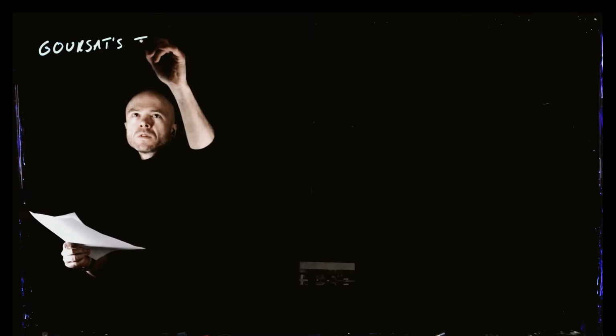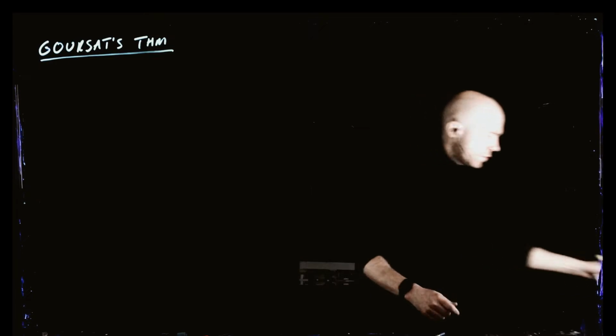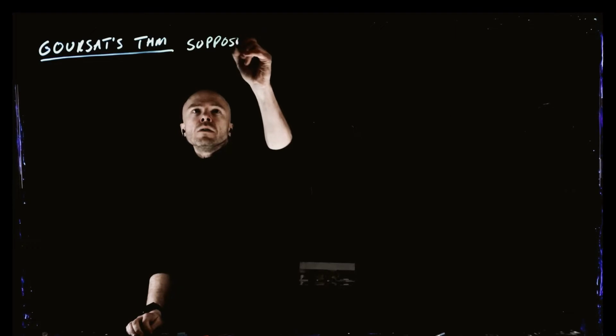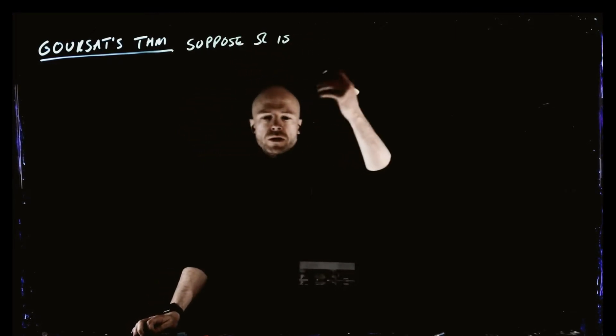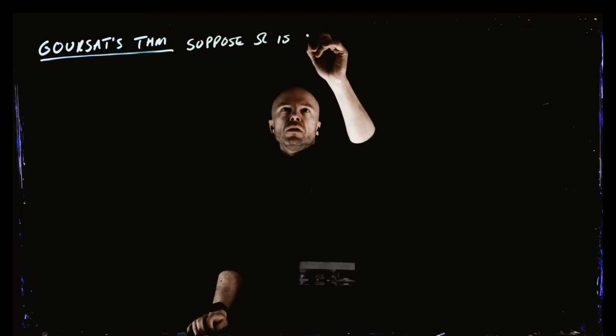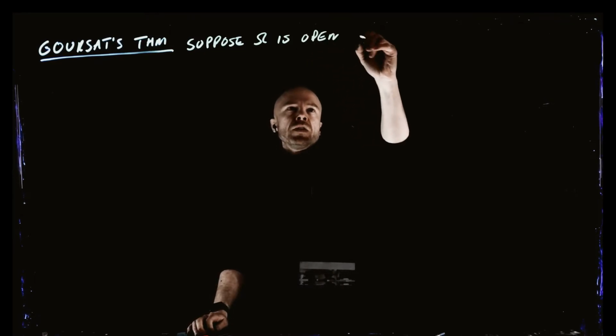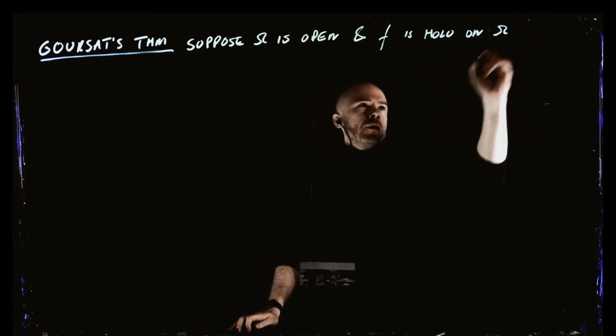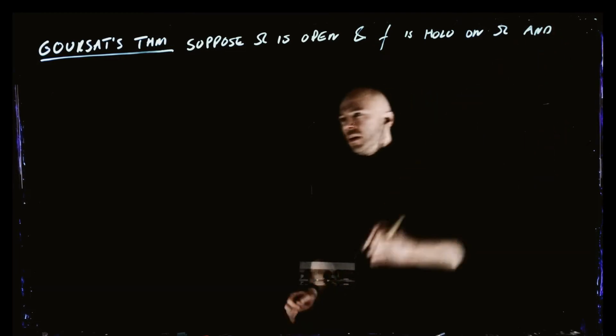I'm going to try and spell Goursat correctly. Okay, suppose omega is open, so we're always going to take an open set just to give ourselves a bit of space to work in. And f is holomorphic on omega, and T is a triangle.